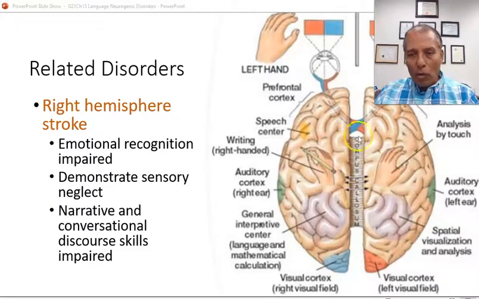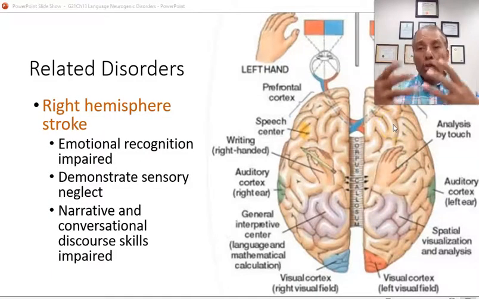And this is the corpus callosum that connects the right hemisphere and the left hemisphere and enables them to communicate together. So the right hemisphere itself is primarily dedicated to emotional processing.